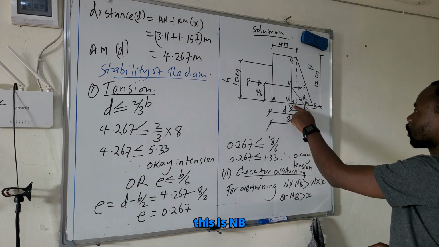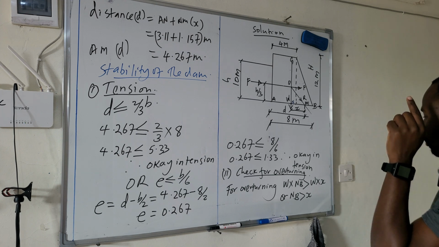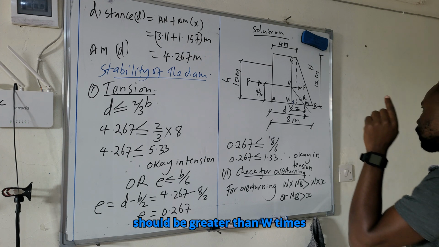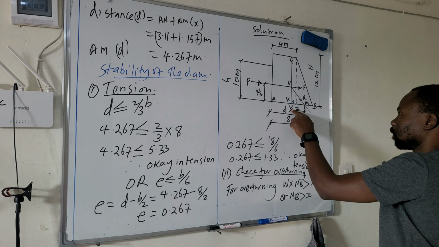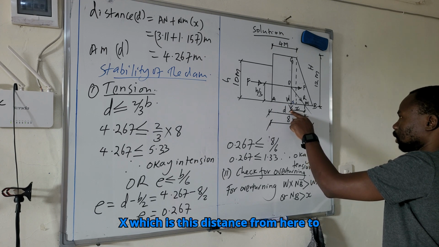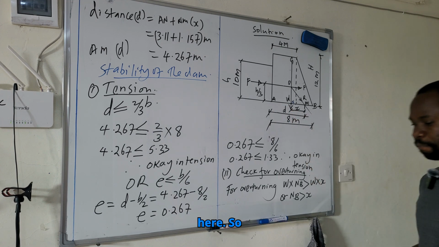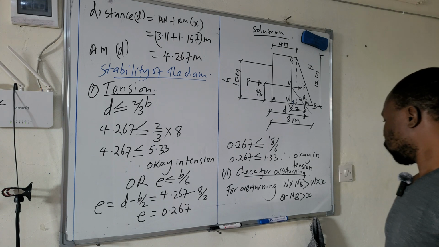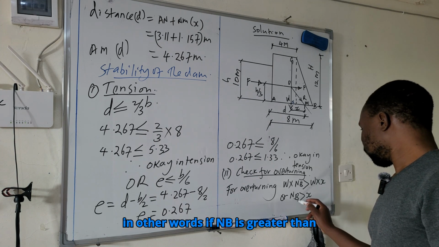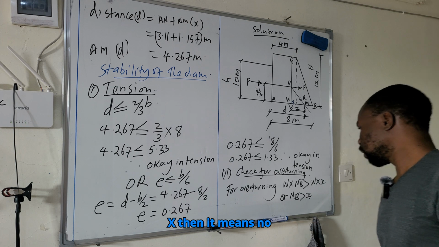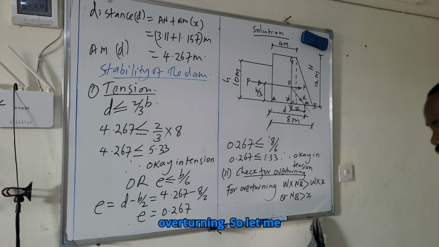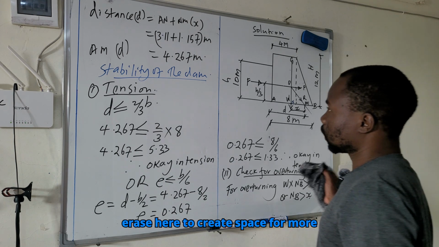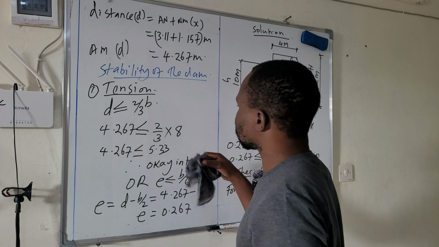This is NB should be greater than W times X, which is this distance from here to here. In other words, if NB is greater than X, then it means no overturning. So let me erase here to create space for more calculation.